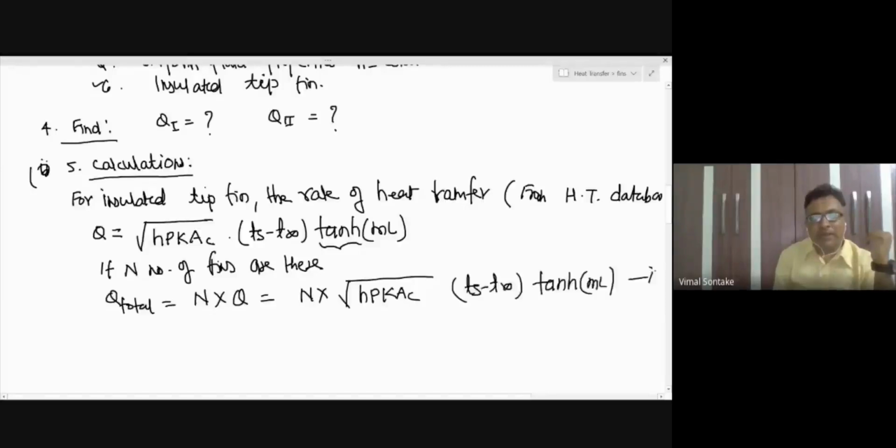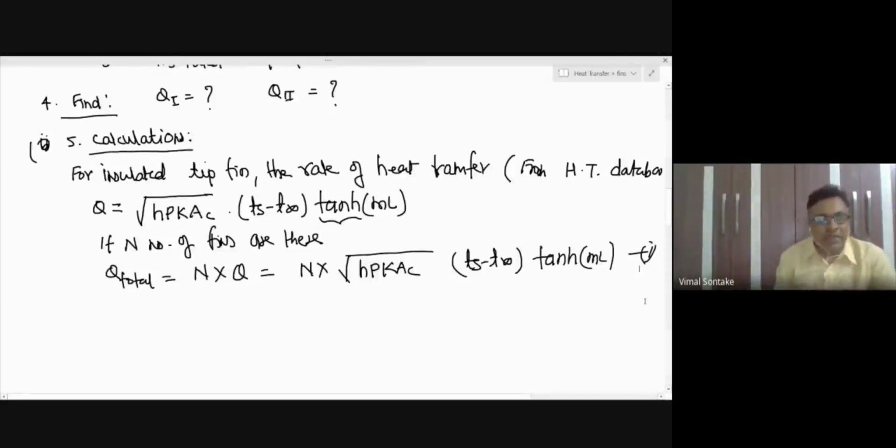This is the equation we are going to use for case 1 and case 2. Got the point? And in this equation, what is the value of m? It is nothing but square root of hP over kAc, and its unit is per meter. So both these two formulas we are going to use for our calculation.